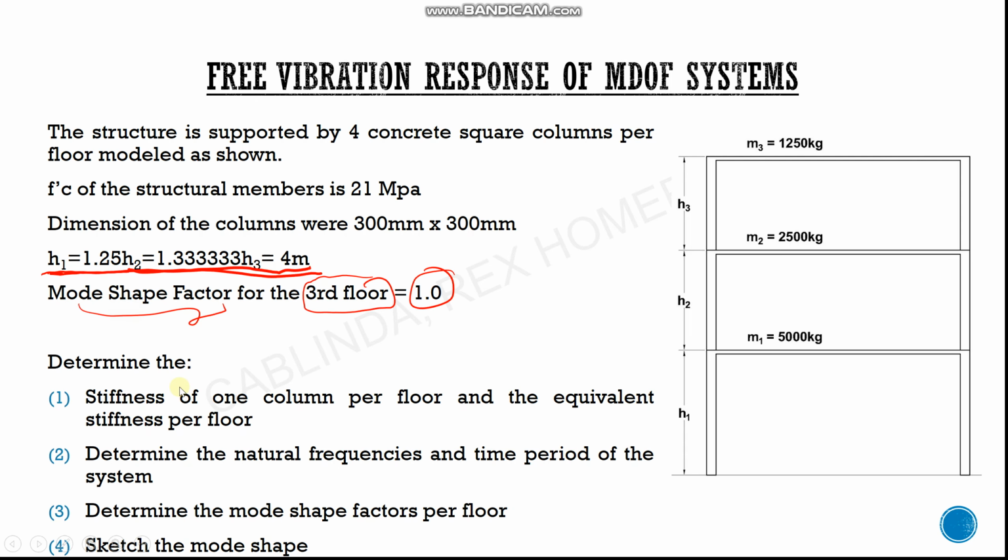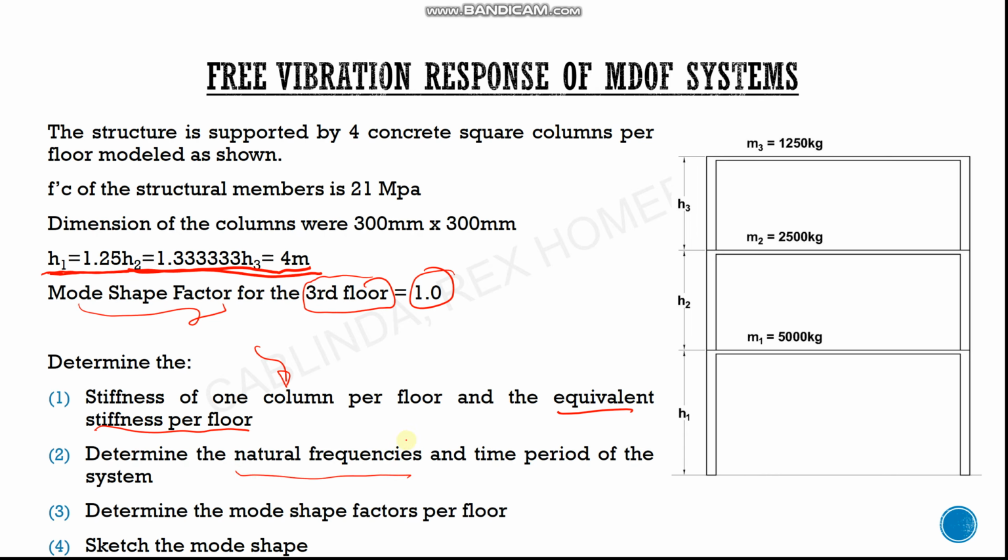Let's look at what is being asked. First, the stiffness of one column and the equivalent stiffness per floor. Afterwards, the natural frequencies.